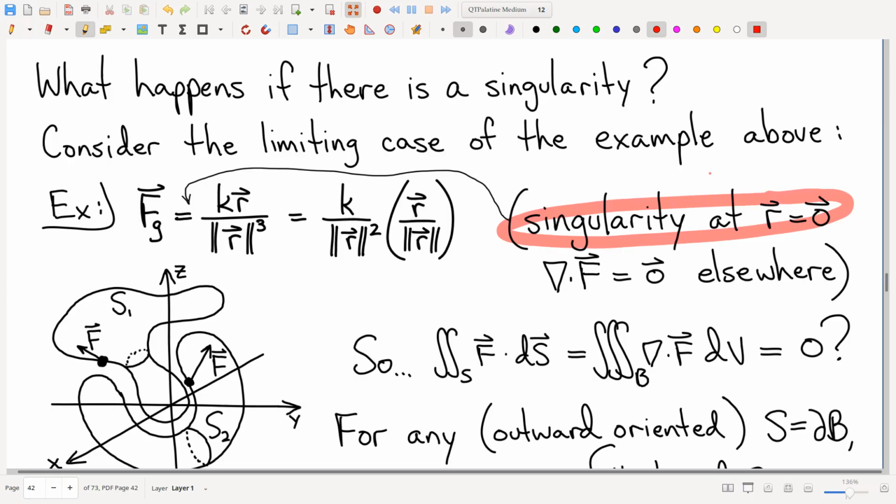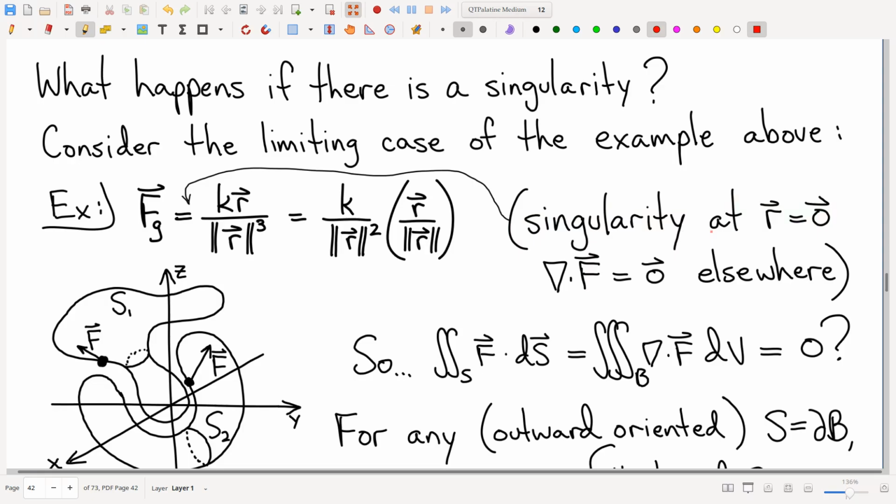The origin is the only point where this is not defined. So can I use this as a sort of an approximation of the physical scenario we were looking at above? And if so, how does that change things? And does the theorem still work? We do have a singularity. The condition we put on the theorem is that we can't have any singularities. So kind of what goes wrong and what can we salvage is kind of what I want to talk about here.